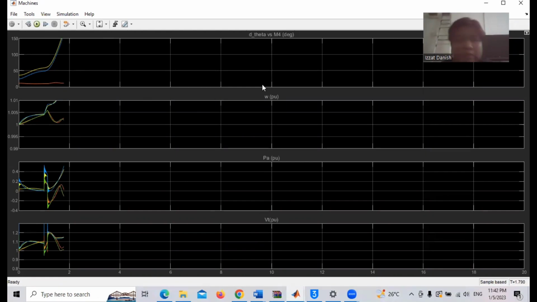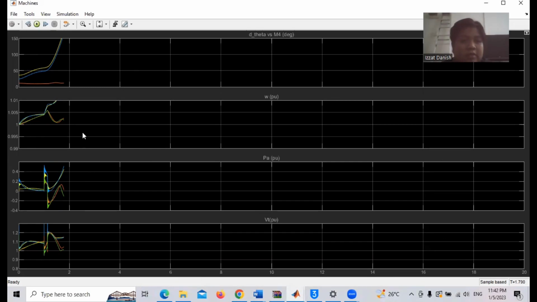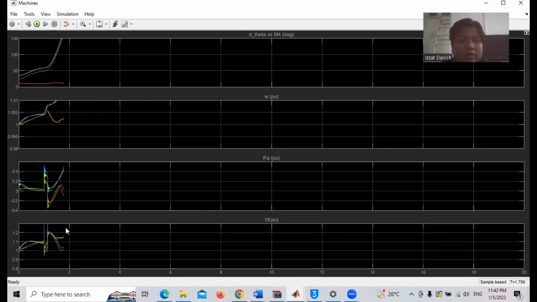And now the simulation stopped at 1.790 seconds. We can see it goes up there, and it stops here. Our group discussed this and tried brainstorming why this is happening, and then we found a note from the internet and discussed it. Why do we get this after we decrease the value?